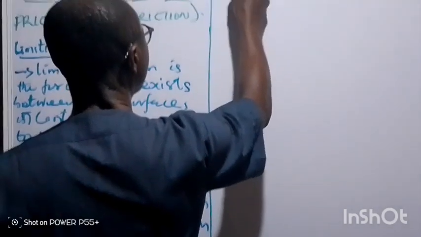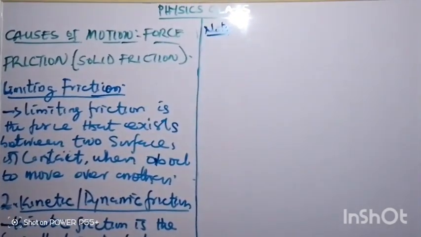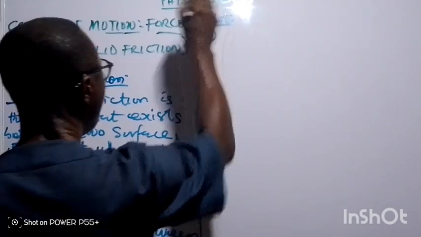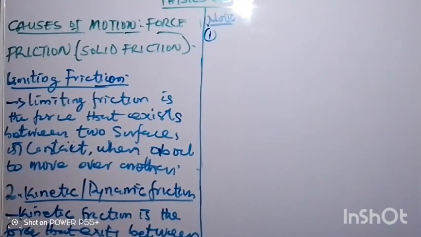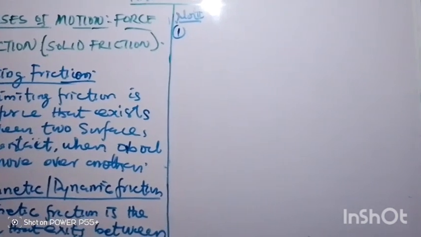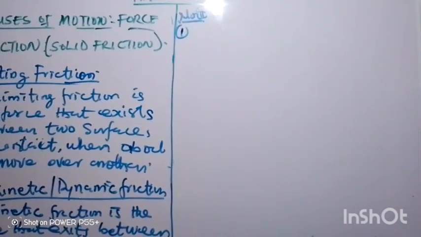Now, note, under this kinetic friction, Roman figure 1: when the two surfaces slide over another with constant speed, we call that one sliding friction.